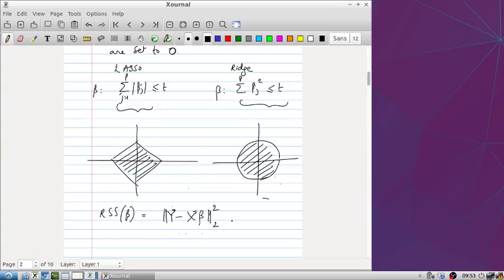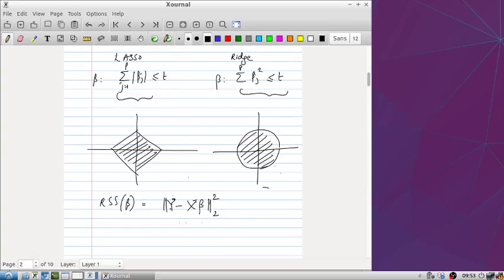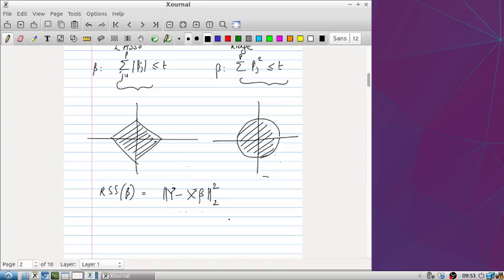Let's understand how this function looks in 2D space. What I'm going to do is look at what are called contour plots or contour lines, which just means: for what values of beta is this constant C1, and for what values of beta is it a constant C2?